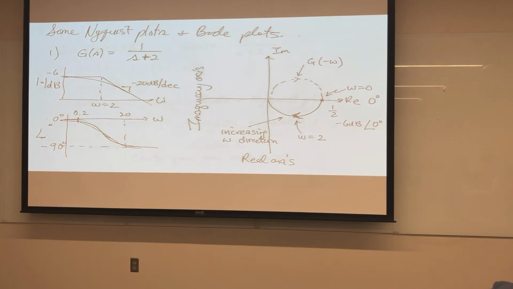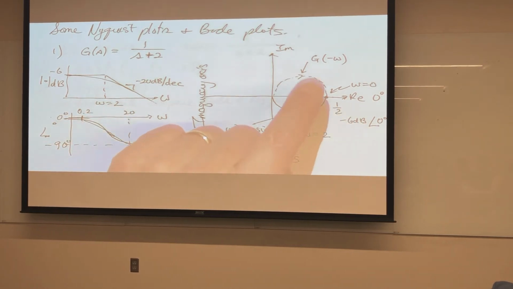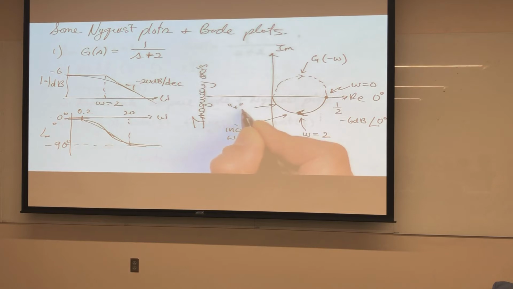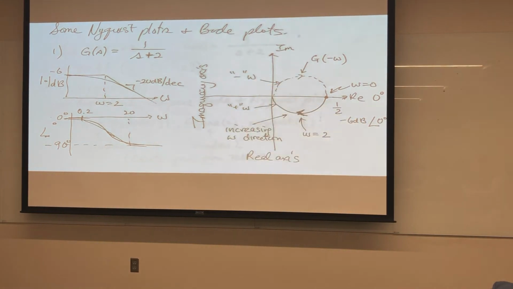The Bode diagram doesn't do negative frequencies. It only does positive frequencies. But Nyquist plots will do positive and negative frequency. This is positive omega, and this is negative omega.